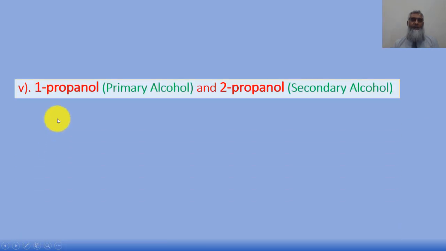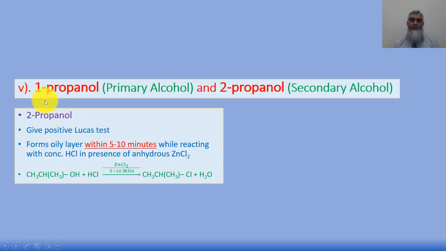Number 5, identification between 1-propanol, which is a primary alcohol, and 2-propanol, which is a secondary alcohol. We can use the Lucas test for differentiation. 2-propanol, a secondary alcohol, gives a positive Lucas test. It will form an oily layer in 5 to 10 minutes while reacting with concentrated HCl in presence of zinc halide.